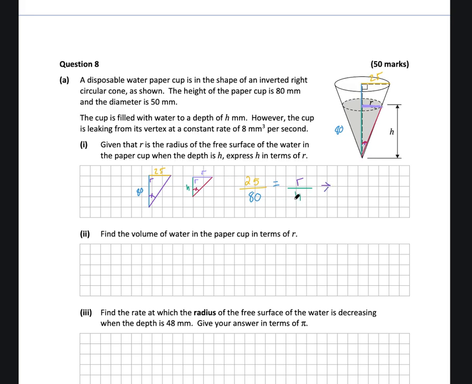If I multiply up by h, multiply up by 80 and divide by 25, what I'm going to get here is h is equal to 80r over 25, which I can simplify down to be 16r over 5.